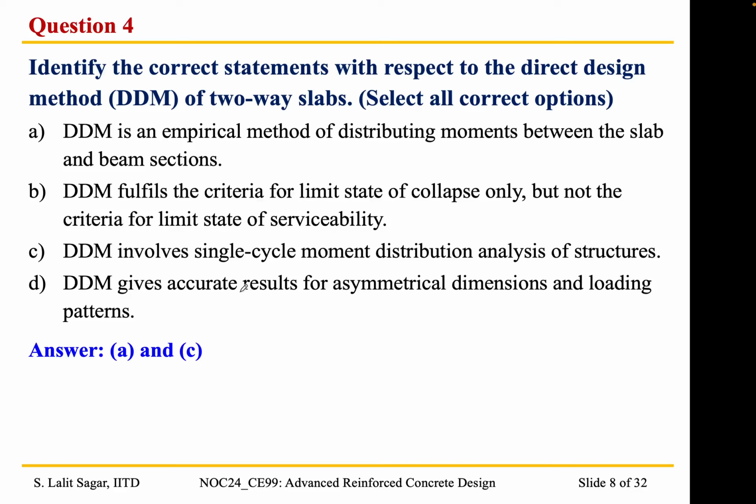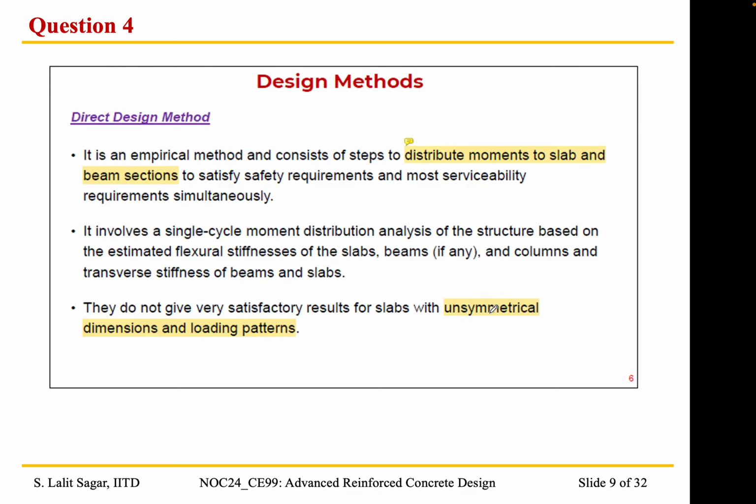And option D is incorrect because one of the limitations is that it cannot be applied to floor slab systems of asymmetrical dimensions and asymmetric loading patterns. Okay, so I have highlighted.